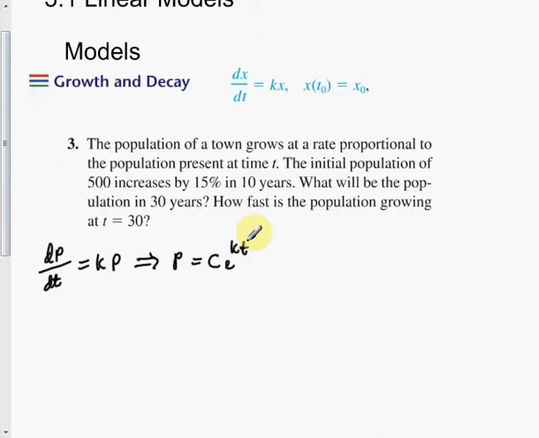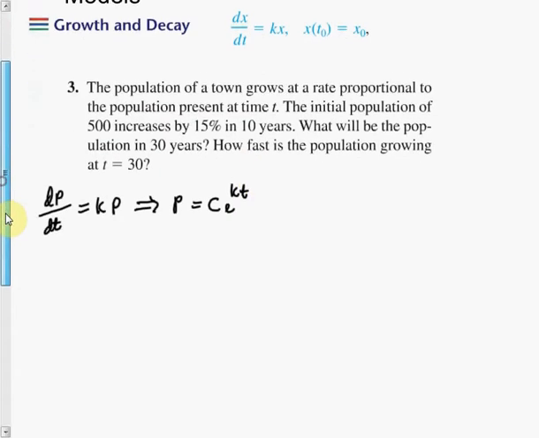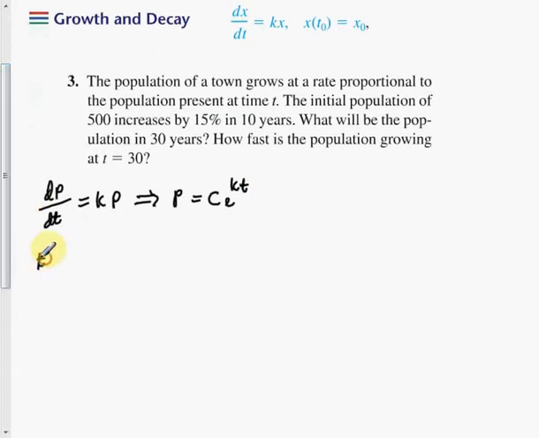It says the initial population is 500. So that simply means that when t is equal to 0, the population is equal to 500. It says that in 10 years, when t is equal to 10, the population increases by 15%.